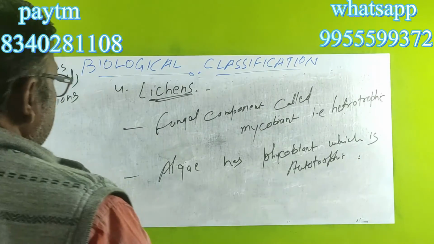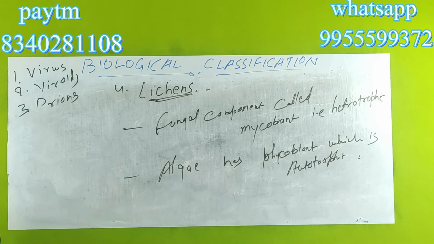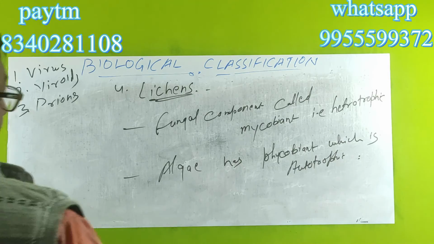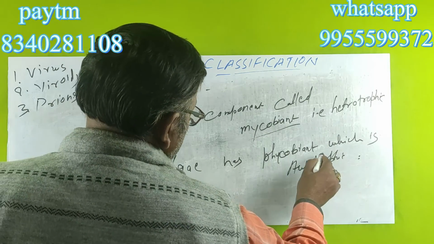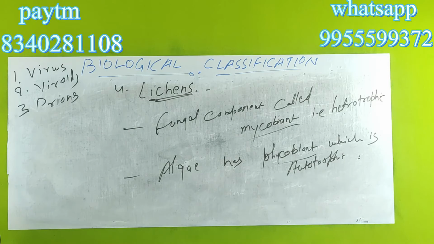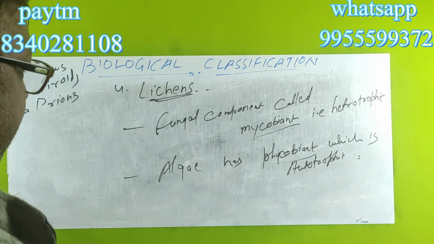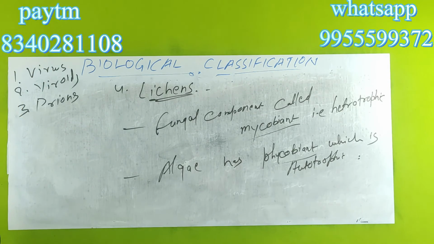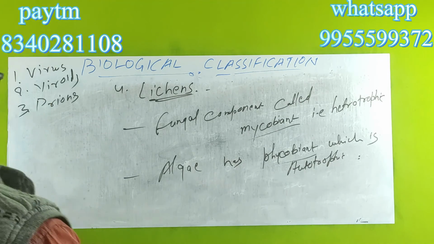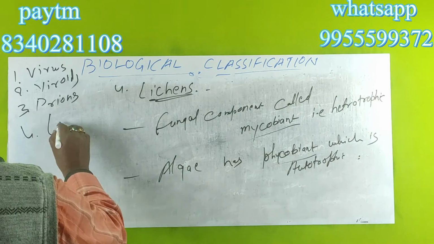So now you would clearly understand why they are symbiotic. Phycobionts are autotrophic in nature, that is, they can make their own food, while mycobionts are heterotrophic, depending upon the other, and the other here is alga, which is symbiont to each other. So here we complete lichens.